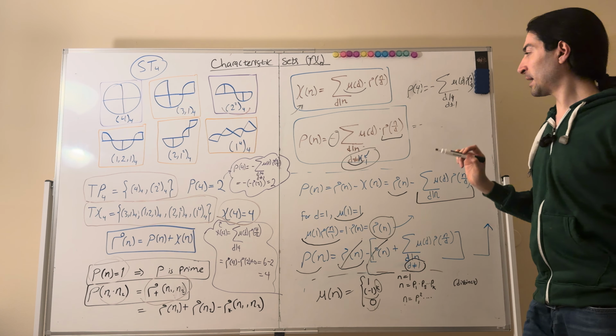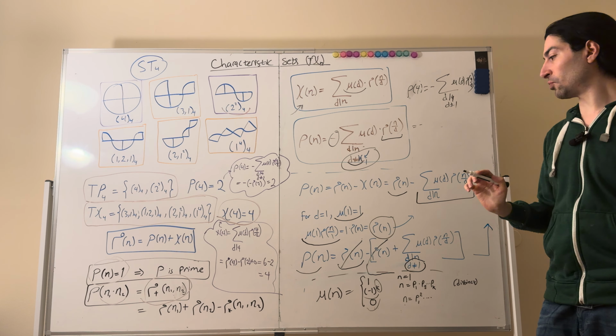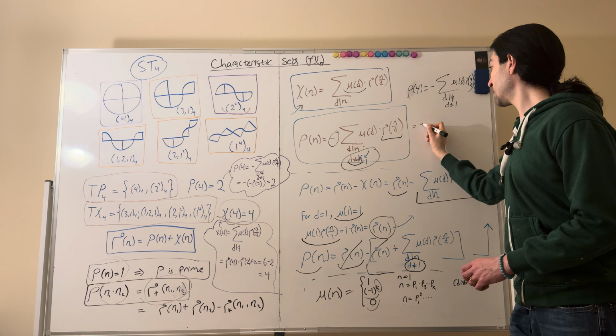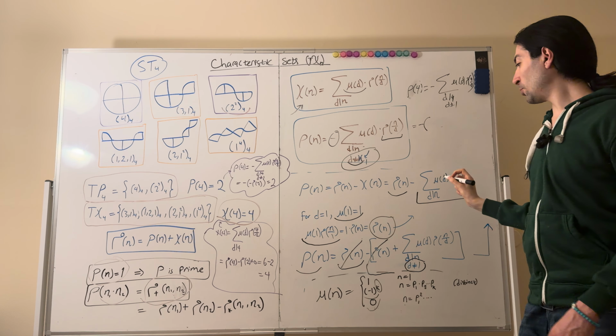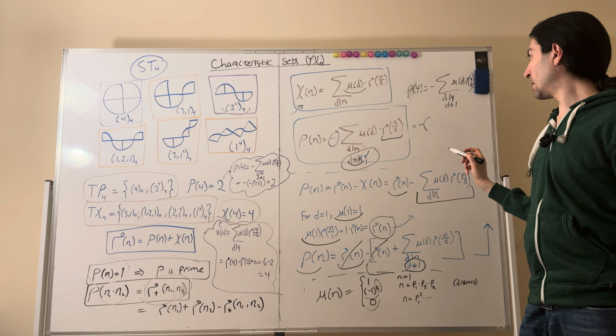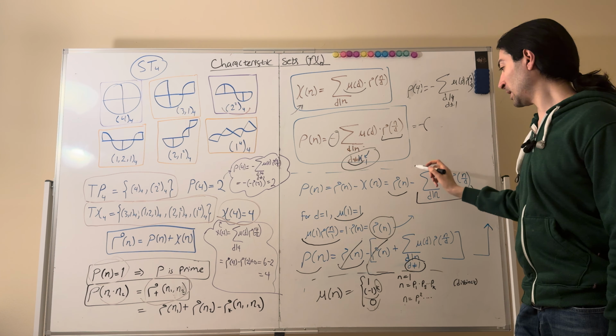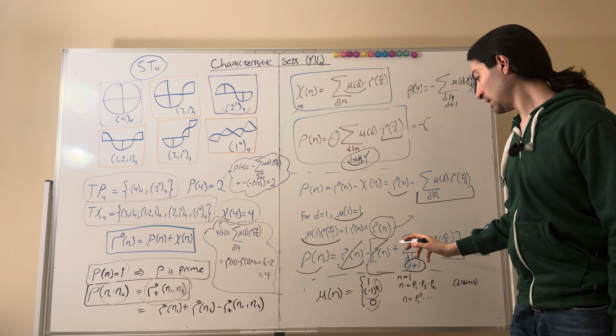So let's look at the factors of 4. It cannot equal 1, so we're skipping the 1. We're going to keep the negative sign. That's very important. We know when the divisor is 2, we get mu of 2. We got that earlier.